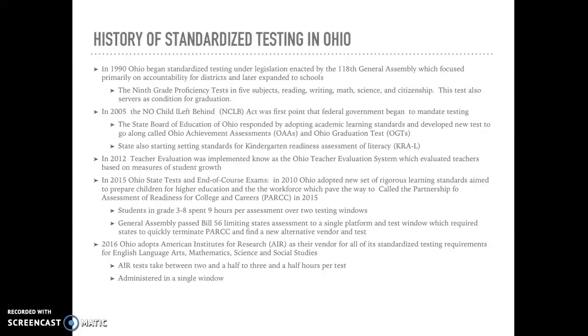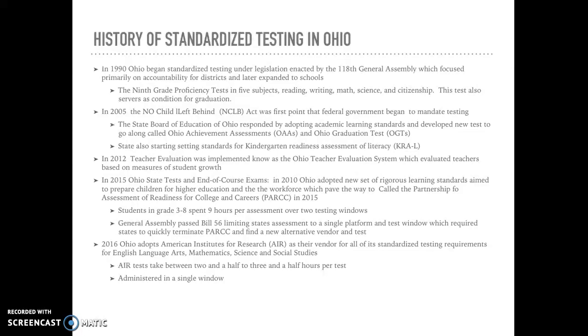Then the state also started setting standards for kindergartners with the Kindergarten Readiness Assessment of Literacy. And then in 2015, a teacher evaluation was implemented called the Ohio Teacher Evaluation System, which evaluated teachers based on measures of the students' growth and performance.